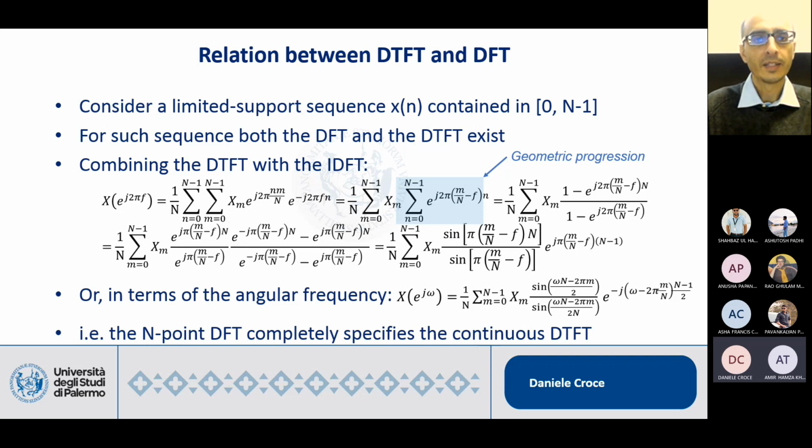And then you have the components of the DTFT, which is e to the minus j 2 pi f n. So f is the frequency, the normalized frequency that is continuous from 0 to 1, for example, or from minus 1/2 to 1/2. And then you have the coefficients or the sequence of the DFT, capital X of m. Okay.